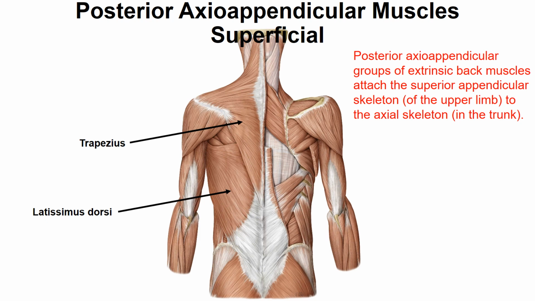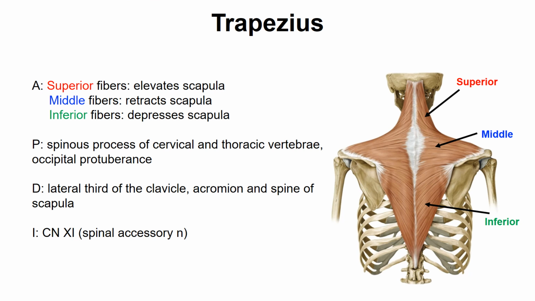Next, we're going to look at the posterior axioappendicular muscles. So this is basically going to be your trapezius and your latissimus dorsi. The trapezius is a very large, almost diamond-shaped type of muscle with 3 different fibers: a superior, which goes from superior to inferior, middle, which are transverse, and inferior, which also has a superior to inferior type movement, going to their midline attachments at the spinous processes, usually all the way up the cervical vertebrae, all the way to the external occipital protuberance, and then inferiorly all the way down your thoracic vertebra, all the way down to T12.